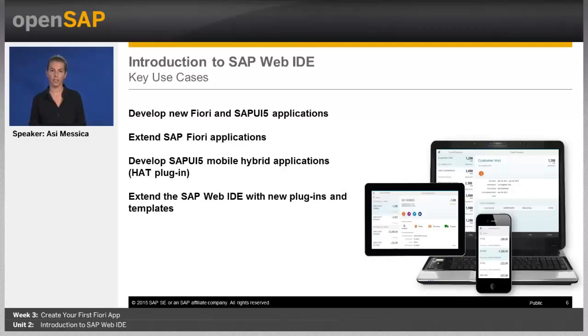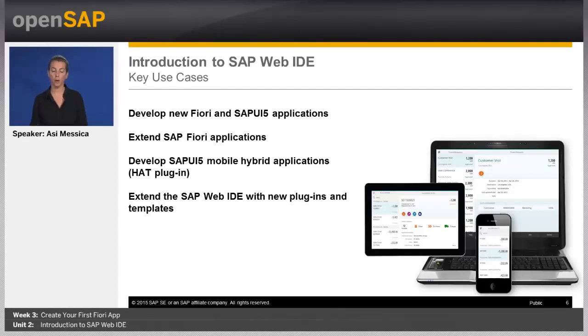What are the key use cases where you can leverage the SAP Web IDE? The first and most relevant use case for this course is the development of new Fiori applications and new SAP UI5 applications. The second use case is extending SAP Fiori applications. SAP is investing a lot in order to make it easier for customers and partners to extend the SAP applications and customize them to their own needs.